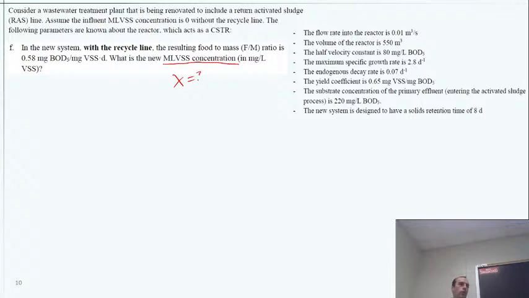Remember, MLVSS, that's mixed liquor volatile suspended solids, meaning that's in the system. Take a minute and work on that.